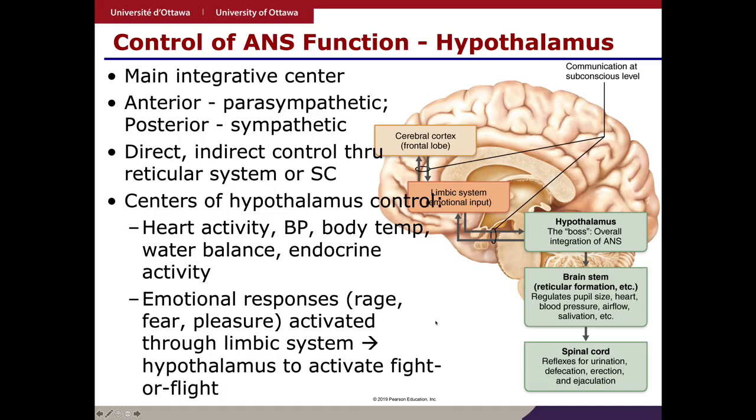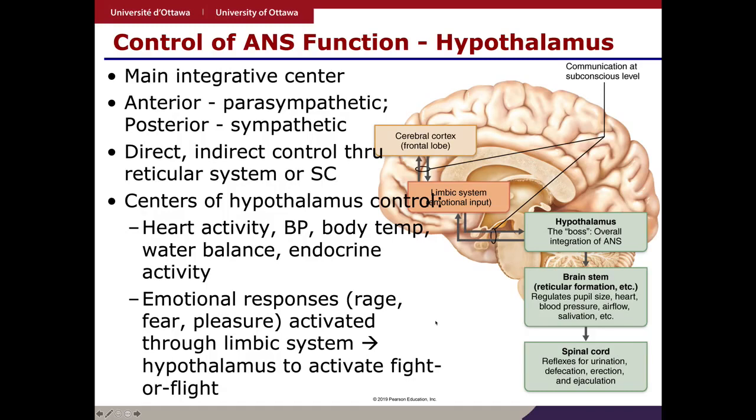You can find the structures of the limbic system buried deep within the brain, underneath the cerebral cortex and above the brainstem. The limbic lobe includes structures that are involved in emotional responses, as well as structures that contribute to memory function. It includes the hippocampus, the amygdala, and the cingulate gyrus.